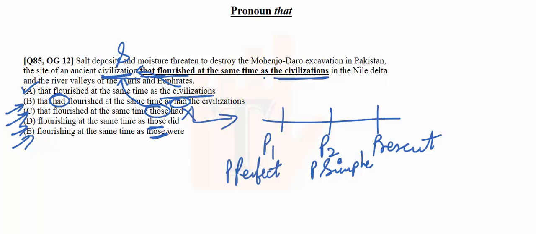If I use that, then it changes the meaning. It means that there is only one civilization we are talking about at Nile Delta, right? So in order to satisfy the meaning as well as the grammar, we need to mention the noun explicitly. So we mention the noun civilization itself. That's why A is the right answer. I hope it is clear, right?